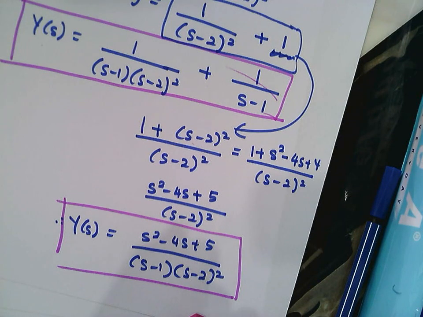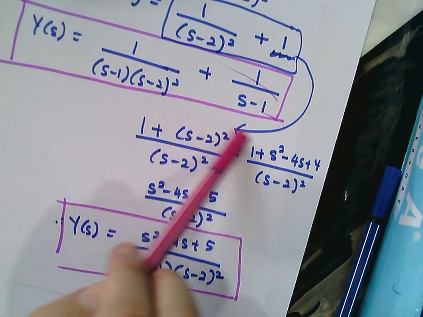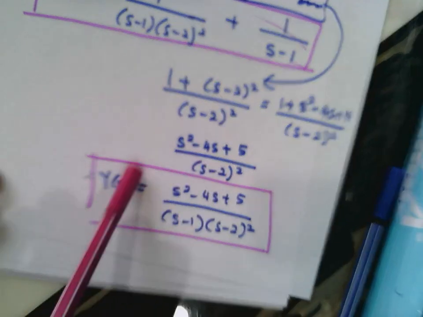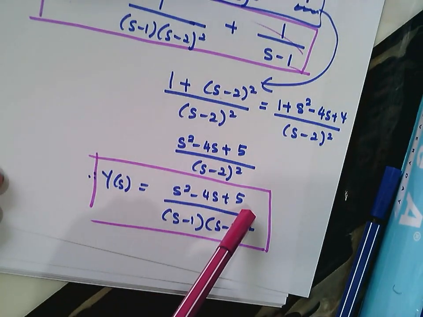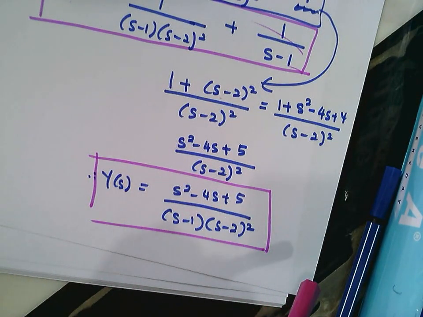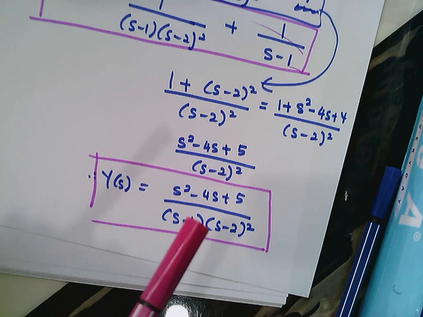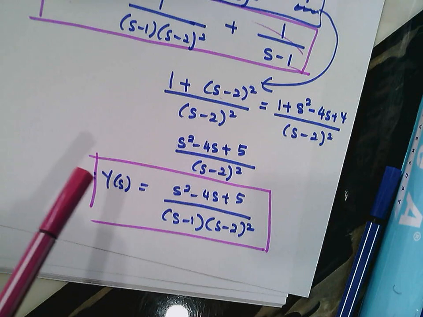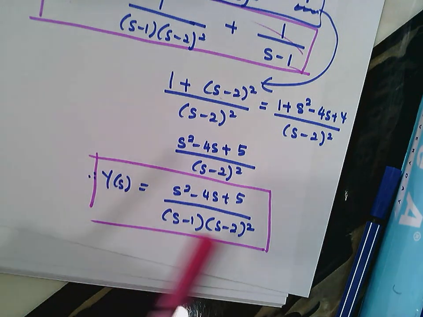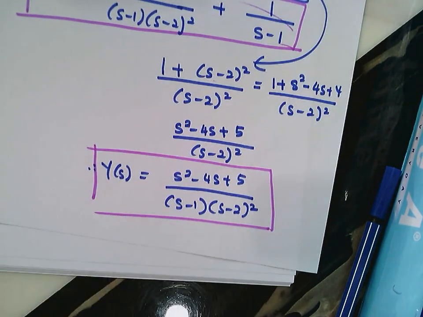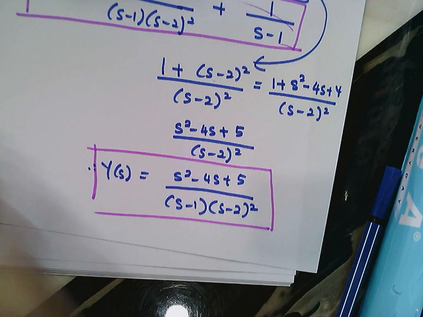If your friend uses this one as Y(s) and you use this one, your partial fraction might be different. So you cannot compare the value of the constants in the partial fraction with your friend.